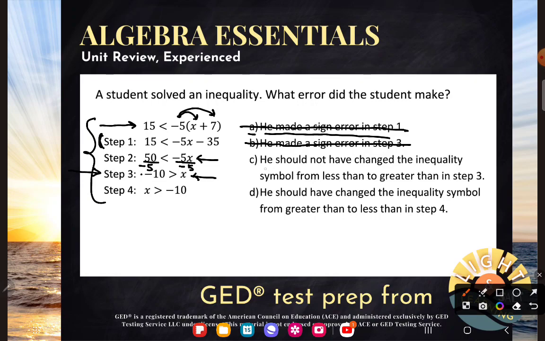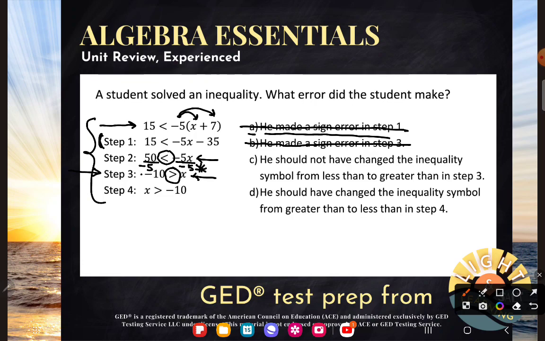Next option: he should not have changed the inequality symbol from less than to greater than in step 3. Okay, so same thing, looking from step 2 to step 3, we see that we had a less than sign, and we ended up with a greater than sign. Well, we know there are 2 times that we flip the inequality symbol, and one of them sure did happen.